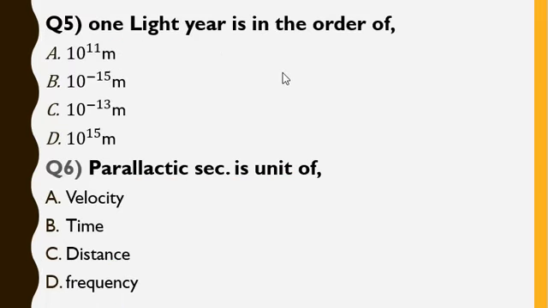Another question. 1 light year is in the order of. It is asked several times in exams. 10 to the power 11 meter, 10 to the power minus 15 meter, 10 to the power minus 13 meter, and 10 to the power 15 meter. We know that 10 to the power 11 meter is in the order of an astronomical unit, 10 to the power minus 15 meter is equal to 1 Fermi, 10 to the power minus 13 meter is in the order of an X-ray unit, and 10 to the power 15 meter is the order of a light year.